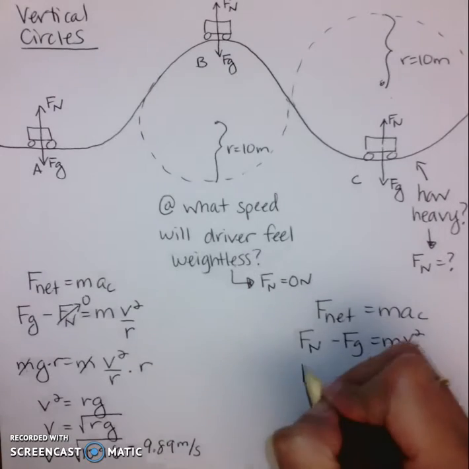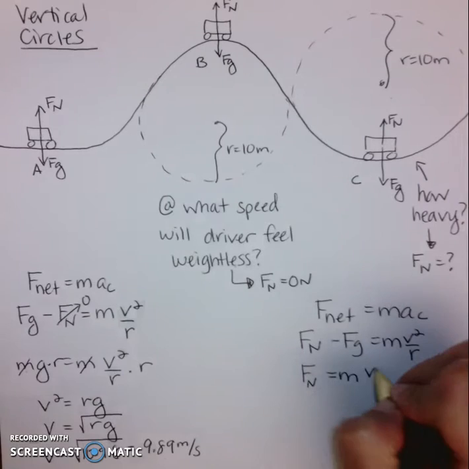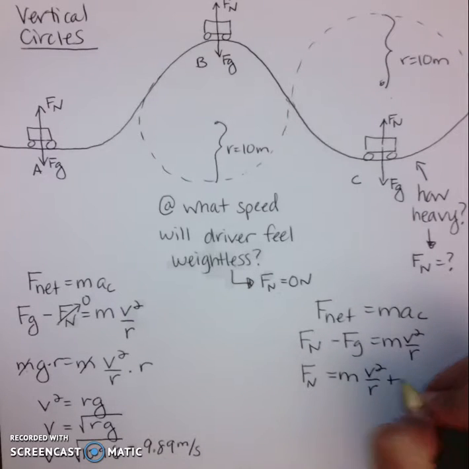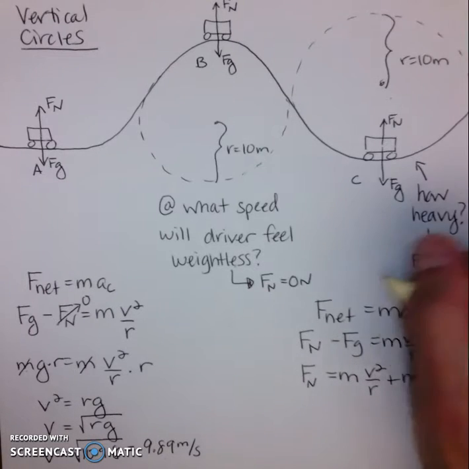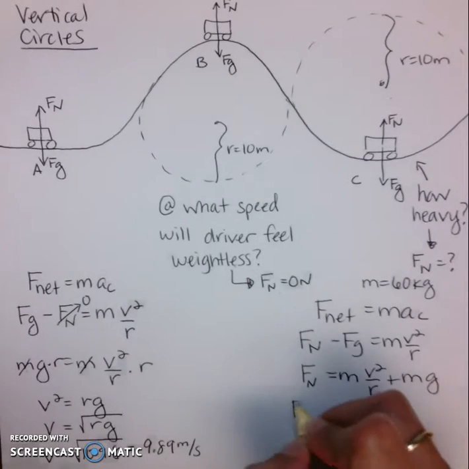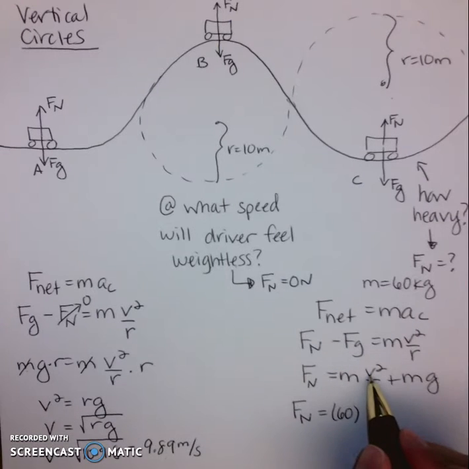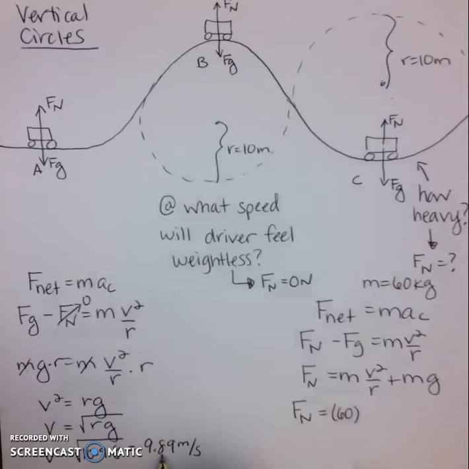So Fn is what I want to solve for, and I've got that equal to mv squared over r plus mg. Now I'm going to need a mass for my person. So let's say that the mass of the person here is 60 kilograms. Okay? And let's figure out what their normal force is. Remember, my speed is going to be the same speed where they felt weightless.